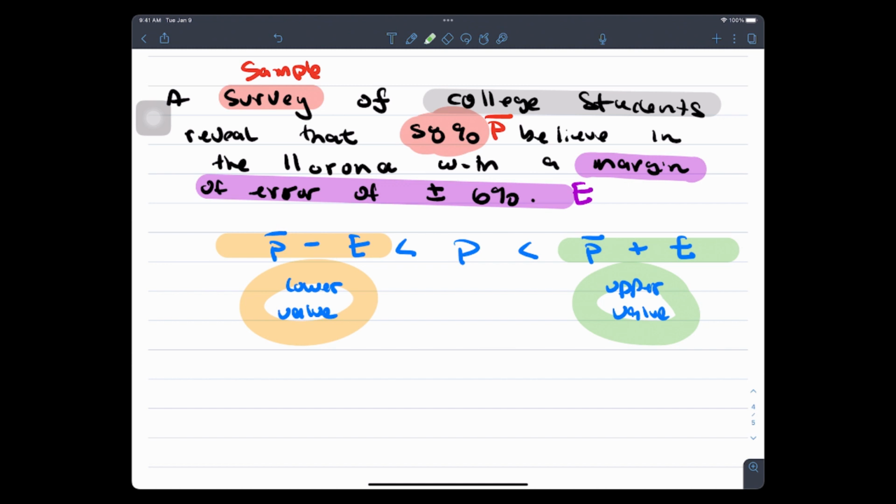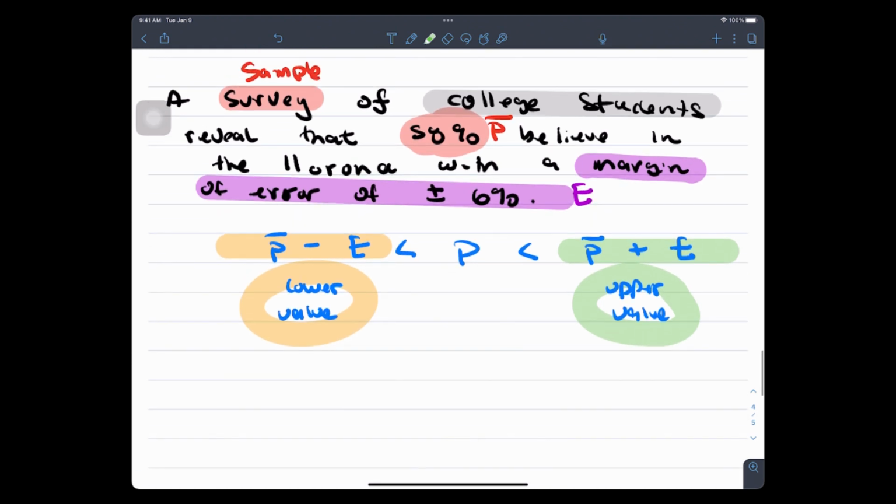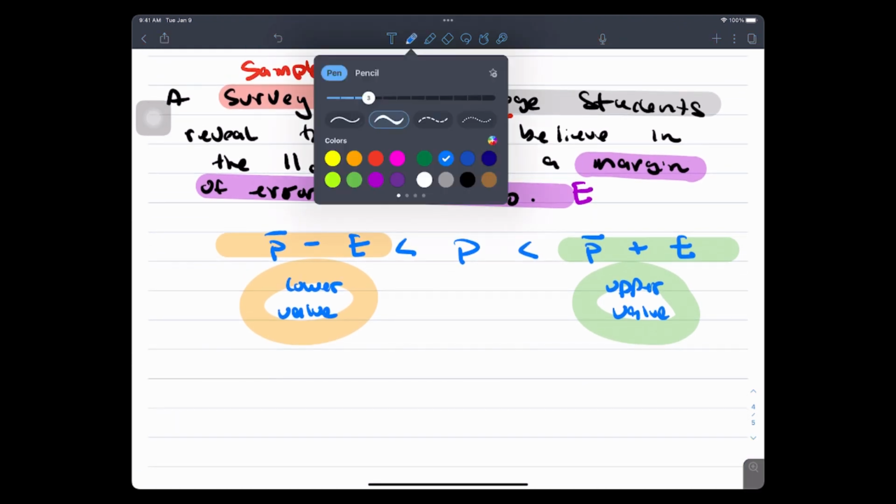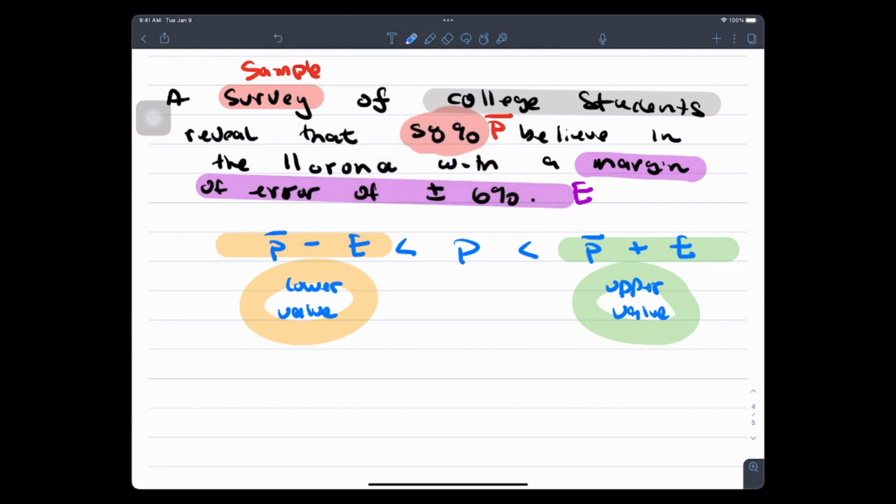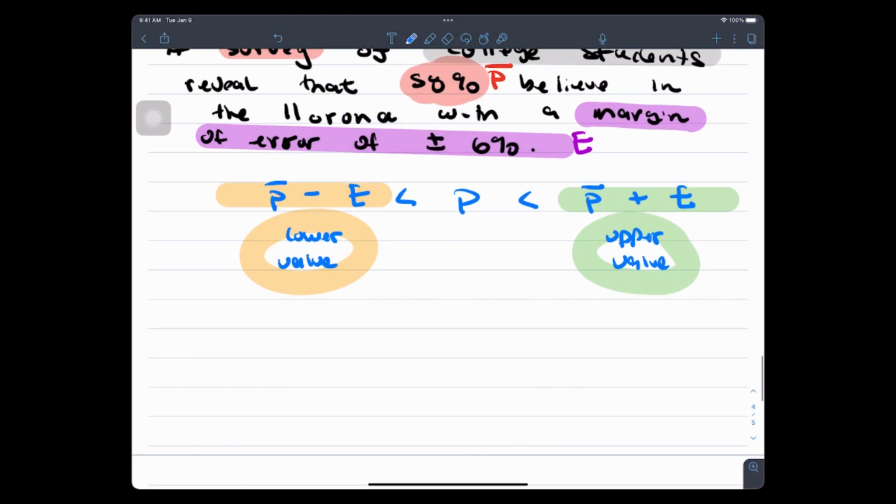They're interval estimates, okay? So, what do we write down? 58% minus what? 6%. And then you have 58% plus what? 6%. Okay, this is easy stuff, ladies and gentlemen.